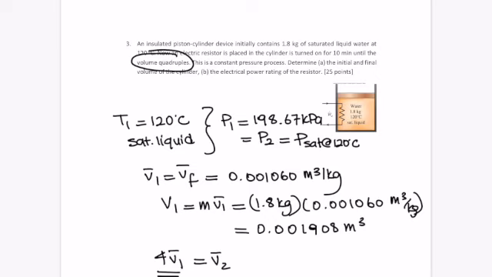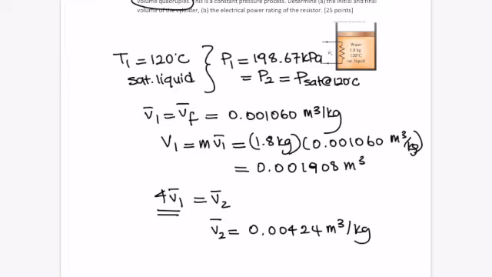But they're asking us, of course, to find the overall volume. So you need to multiply this with the mass.